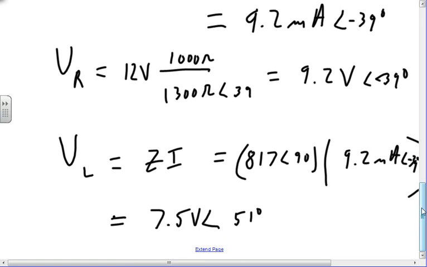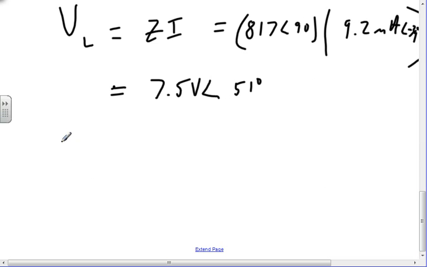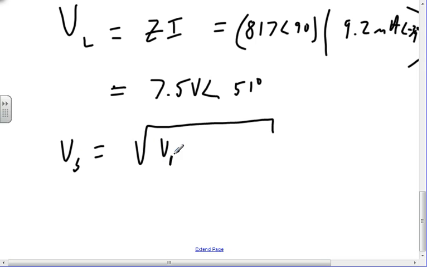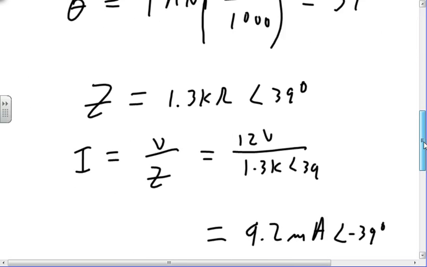Now, you notice that the voltage across the inductor being at 51 and the voltage across the resistor being at minus 39, they are still 90 degrees out of phase, right? So that's a 90 degrees difference. So the voltage source had best be the square root of voltage across the resistor squared plus voltage across the inductor squared. That better be the same. So what's the source voltage? Anybody remember? 12 volts.